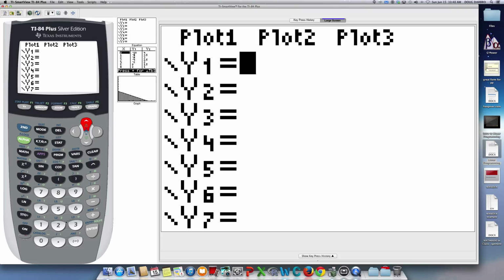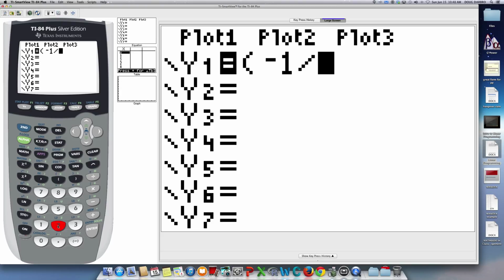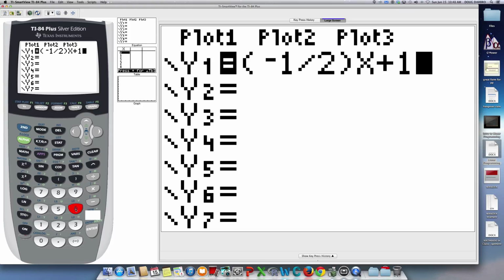Alright, so the first one is negative 1/2. Put it in parentheses. Guys, if you want to use negative 0.5, that's fine. The next one is negative 3/4.